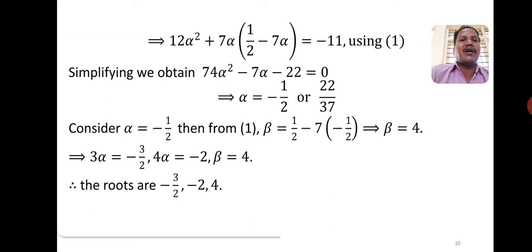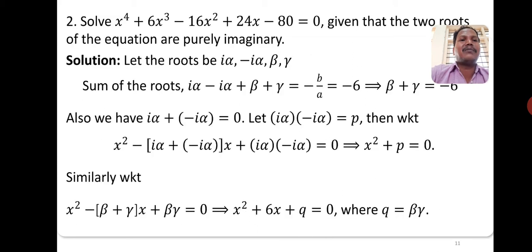Now I consider alpha equals minus 1 by 2, then from 1 beta becomes 4. Again 3 alpha equals minus 3 by 2, 4 alpha equals minus 2, and beta equals plus 4. Therefore the roots are minus 3 by 2, minus 2, 4.